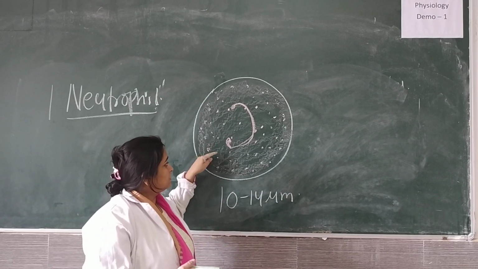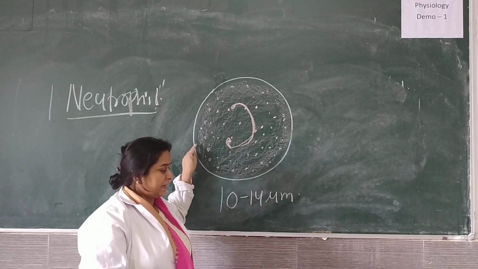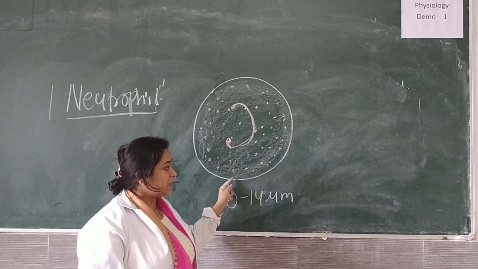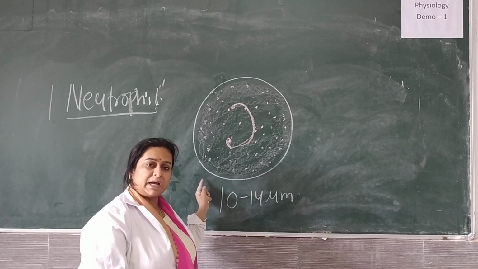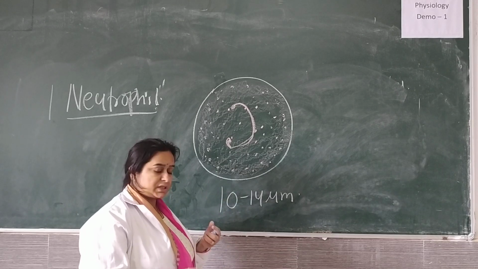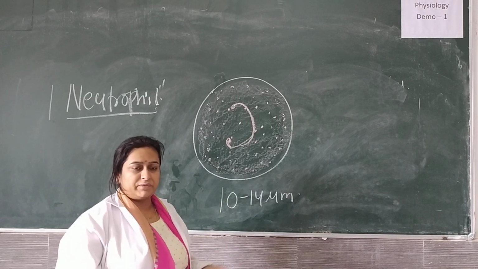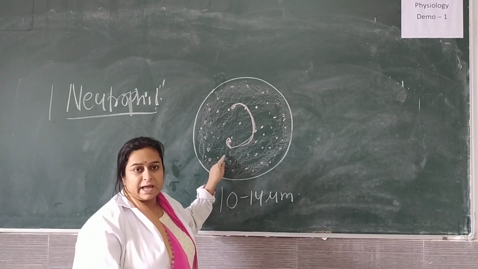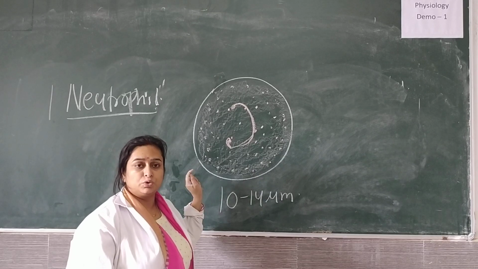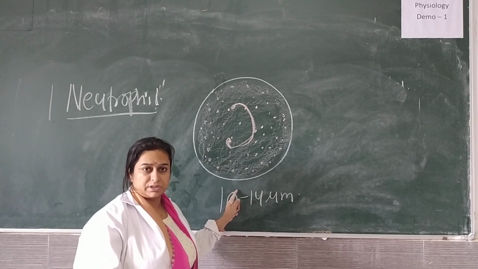Now, some of you may doubt that neutrophil can also be bilobed and they have the same size. So how are we going to differentiate between the bilobed neutrophil and bilobed eosinophil? The best way to discriminate is to always remember that the granules are fine pinpoint granules in neutrophil, whereas in eosinophil the granules are coarse.